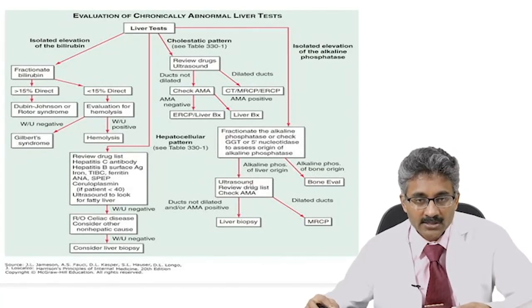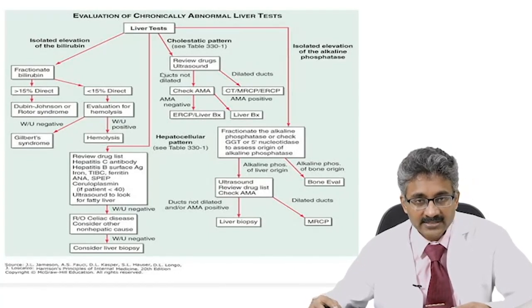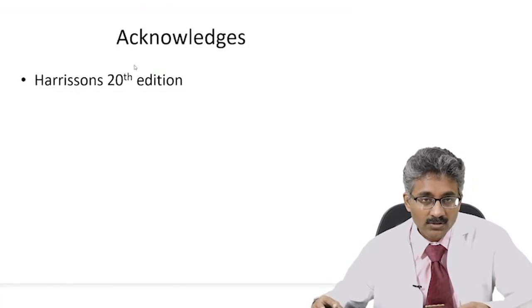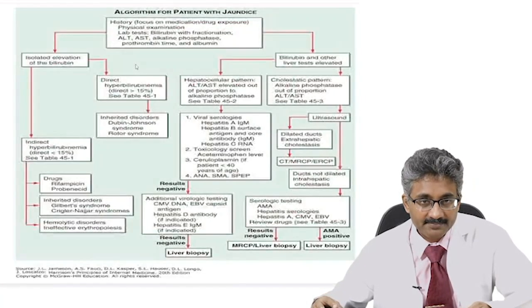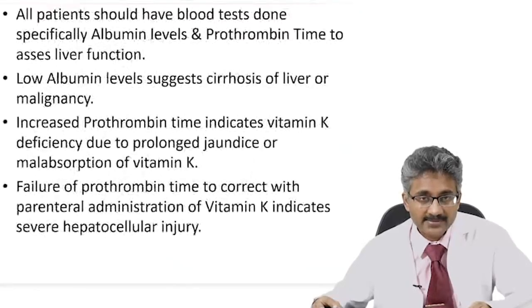Then you do ultrasound, AMA and liver biopsy to evaluate the etiology. Okay, students, that is how we use this battery of liver function tests in the evaluation of jaundice. So this is about jaundice. Next we will discuss ascites, students.